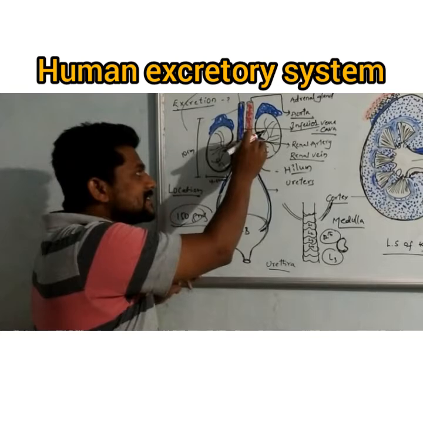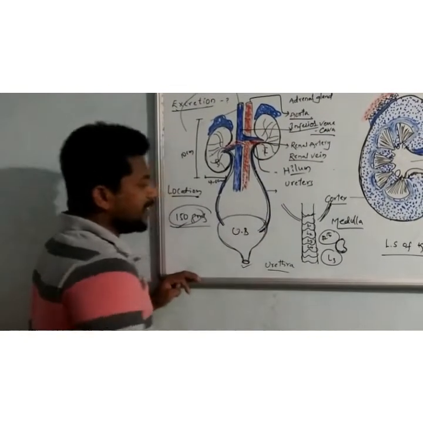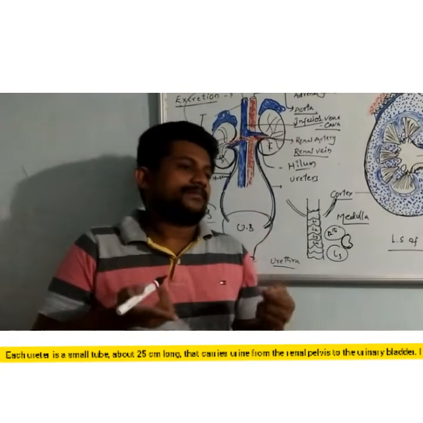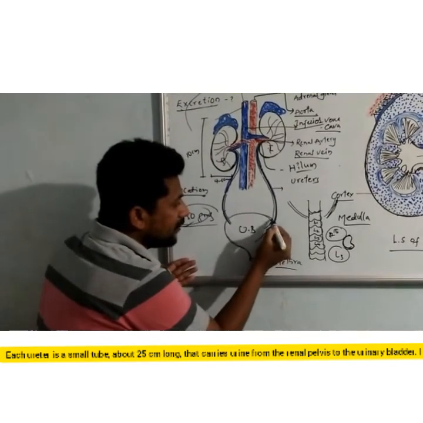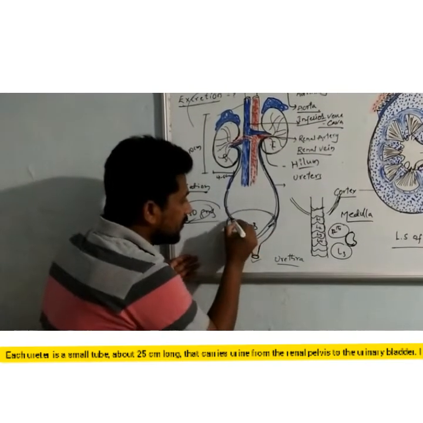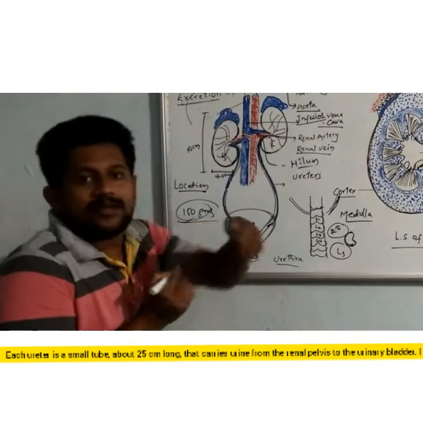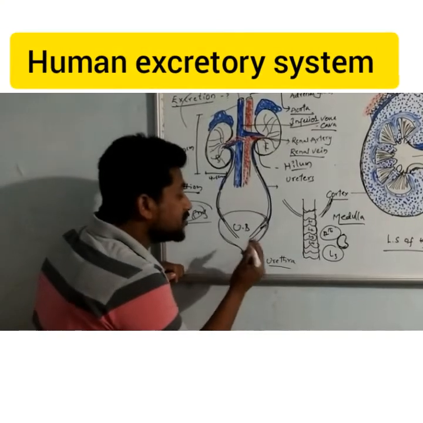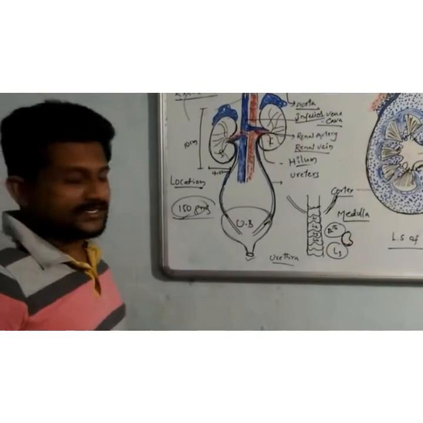These ureters open into the urinary bladder in an angular manner. Due to this angular position in the urinary bladder, the backflow of urine into the ureters is prevented.